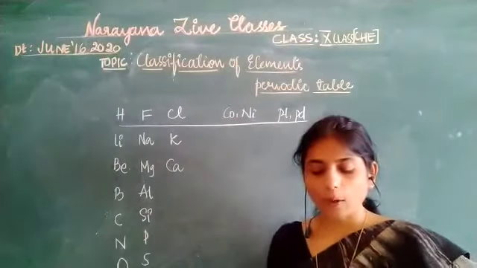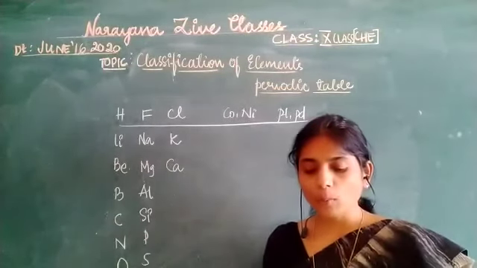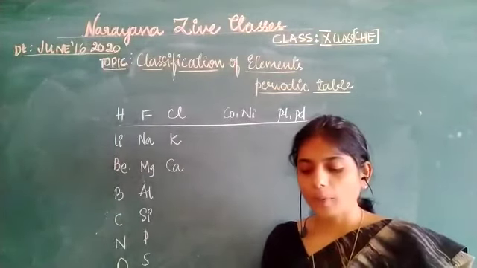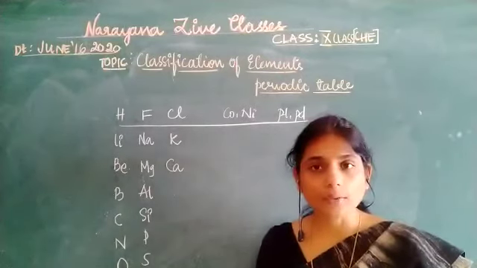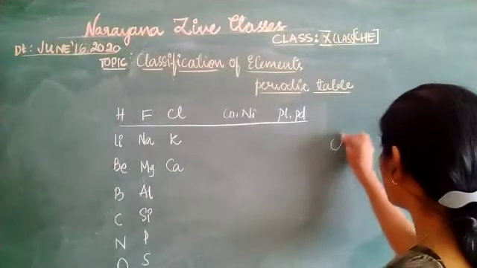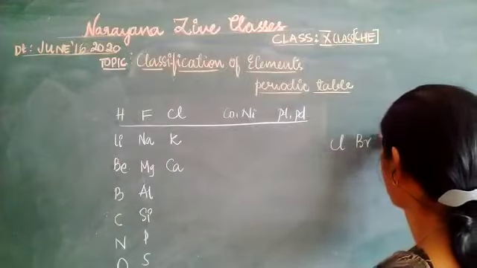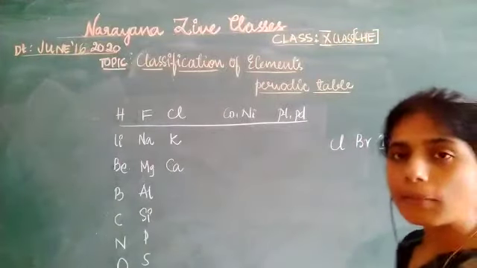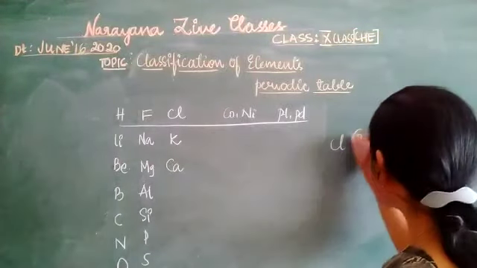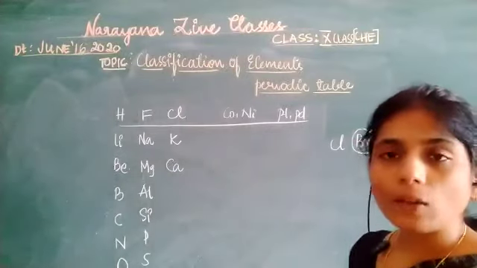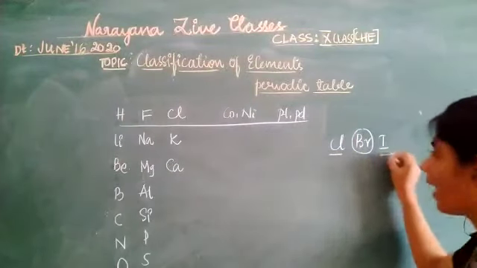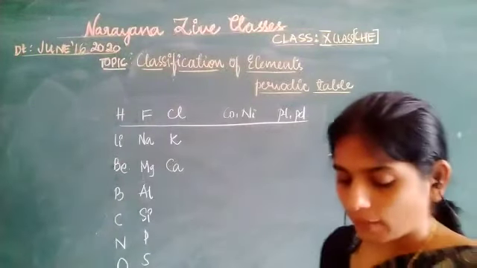Next, seventh question. Chlorine, bromine, iodine are Dobereiner's triads. How do you justify? Simple. The atomic weight of bromine is the mean of chlorine and iodine. Next question.